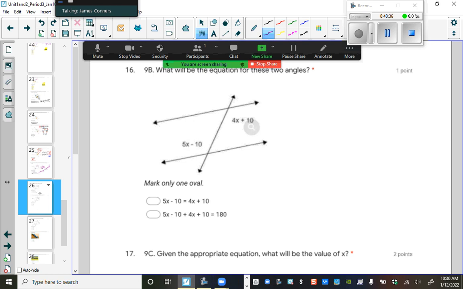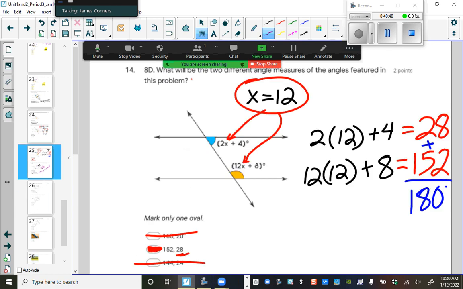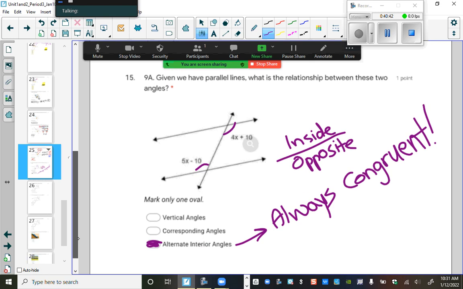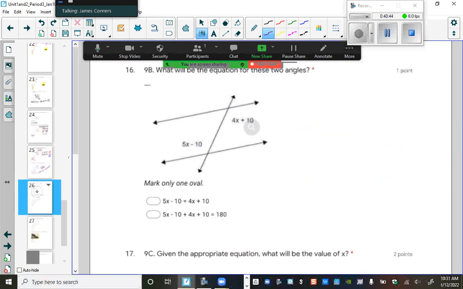So, what will be the equation? They're congruent. These two angles are always congruent. Which equation must we use? Top one, you're right. Gotta use the top. 5x minus 10, 4x plus 10.